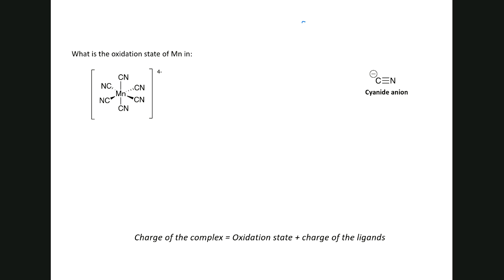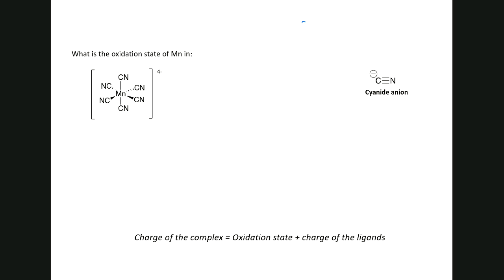And the question asks, what is the oxidation state of manganese in this complex? So the overall charge is -4, and I have cyanide anions, and the cyanide anions each have a minus charge. So when we're calculating the oxidation state of these complex ions, it's very similar to what we were doing before when we were calculating oxidation states of simple organic molecules or simple main group molecules like phosphate, sodium chloride, and sulfate.